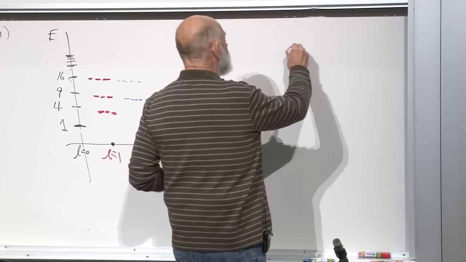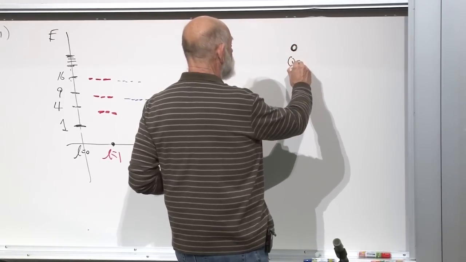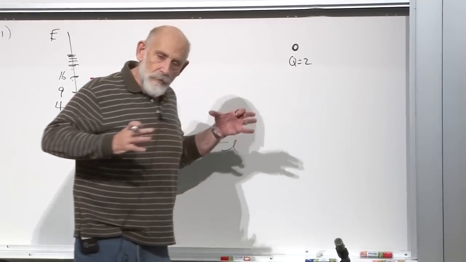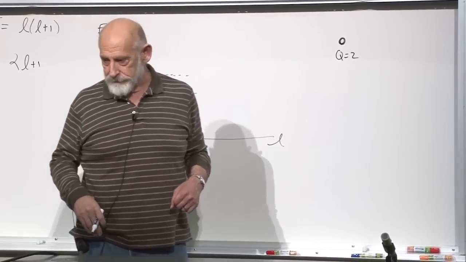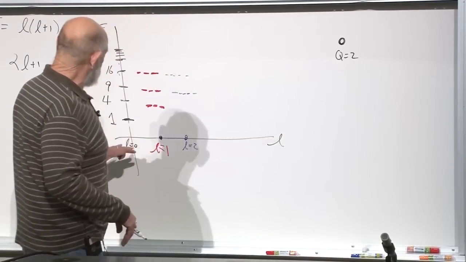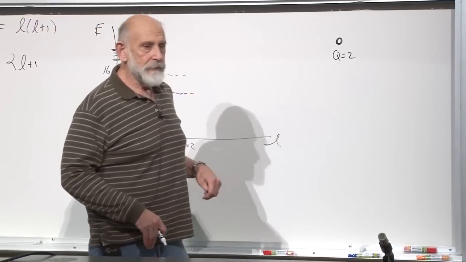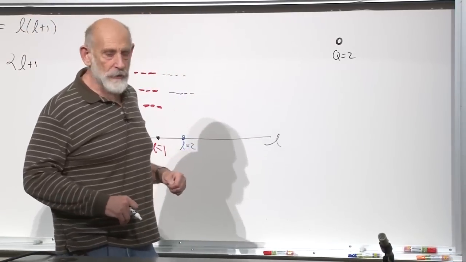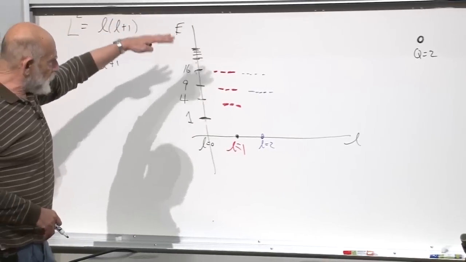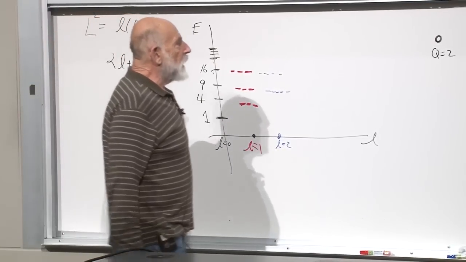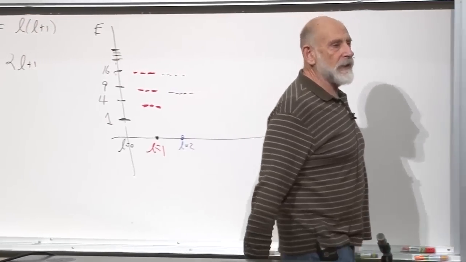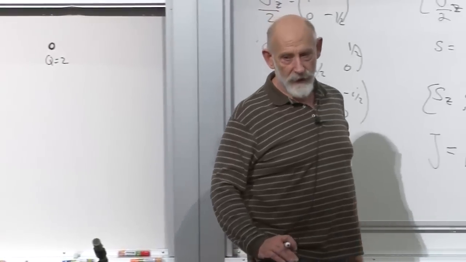Helium has a nucleus of charge 2, Q equals 2. So it pulls on the electrons tighter. The whole structure is rescaled, but that's not important. The charge is bigger. That pulls the electrons in closer, but the basic structure is the same. And now you look at helium. You find out, first of all, there's a helium ion.